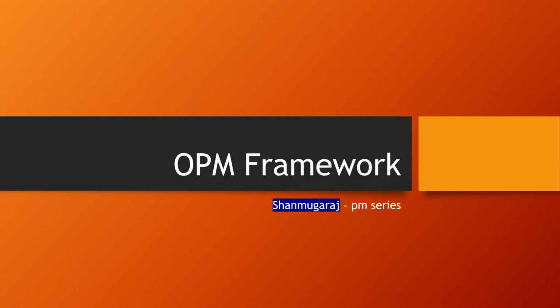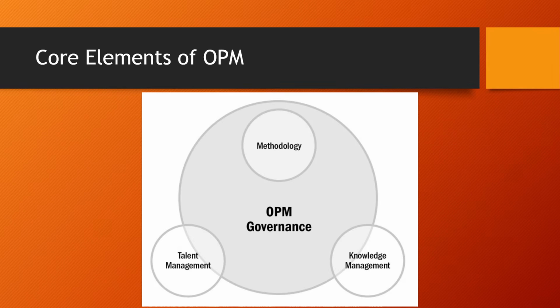Today we're going to continue our journey on organization project management. Essentially, we're going to get some introduction about the OPM framework. This particular picture gives an idea about four core elements of OPM.